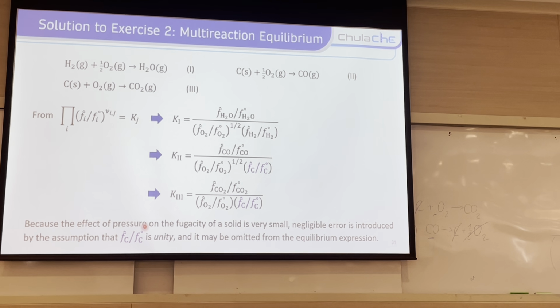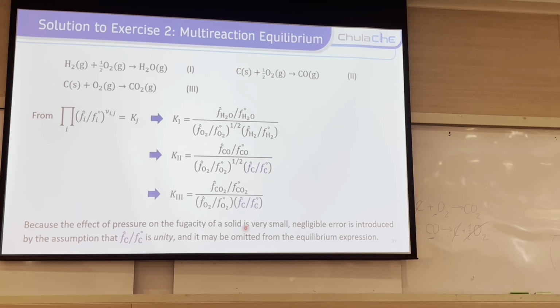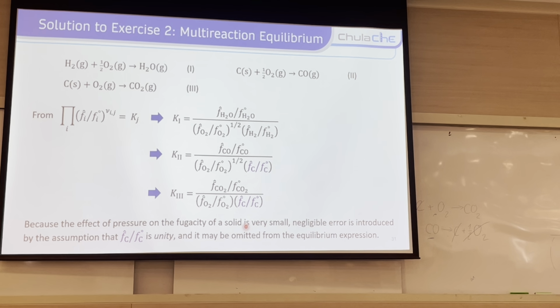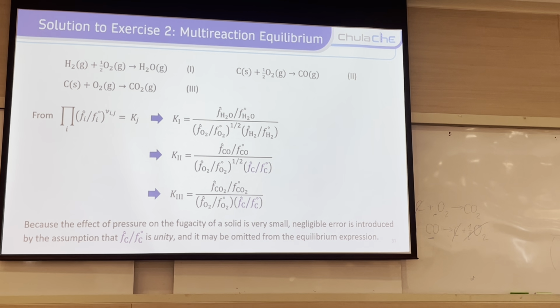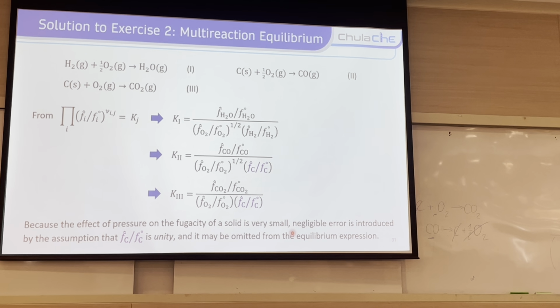Right? For example, if you change the pressure, the volume of the solid compound, the solid element, will not change much. So in this case, we can assume that the fugacity for the carbon atom is unity here. It will be an error, but it's very small, and we can assume that it is negligible.